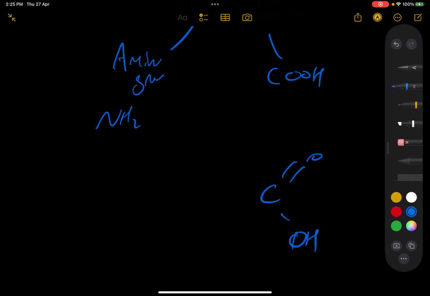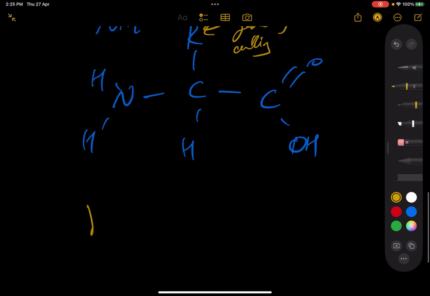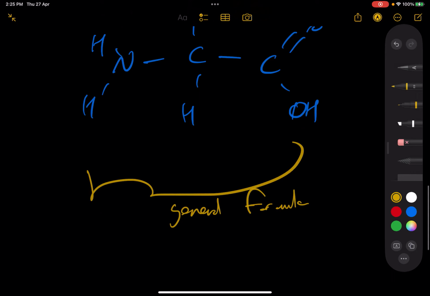That's the acid, that's the amino part, here is some carbon, and this is R for generally anything. This is the general formula of an amino acid.